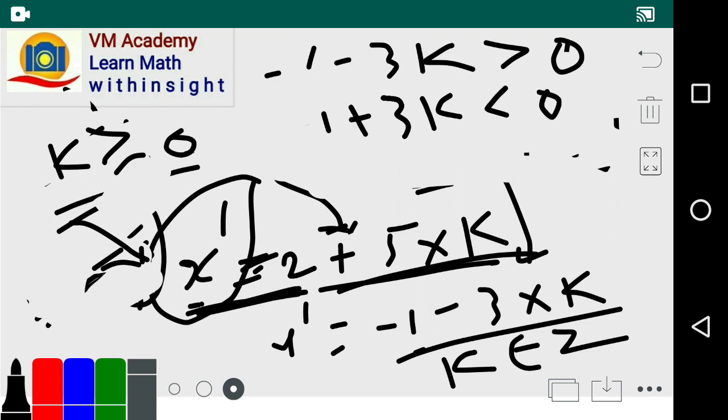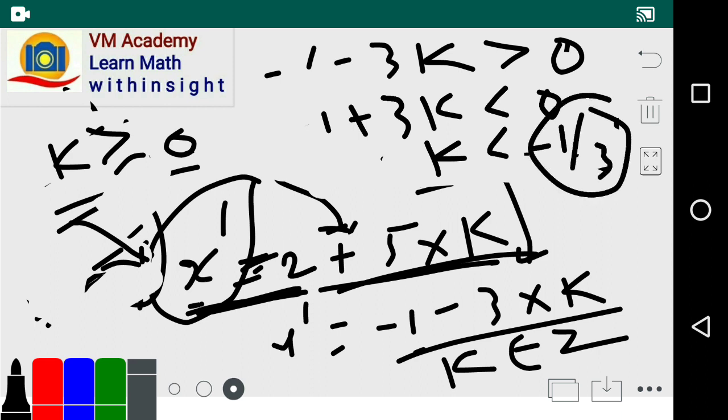So 3k less than -1, and it implies k less than -1 by 3, the integer k less than -1 by 3, that is less than -0.333.